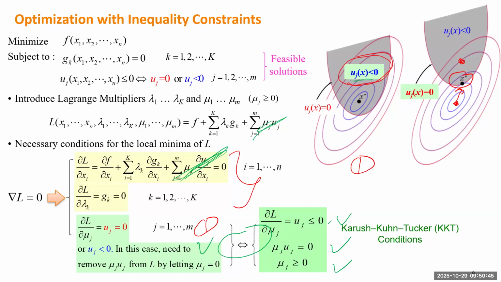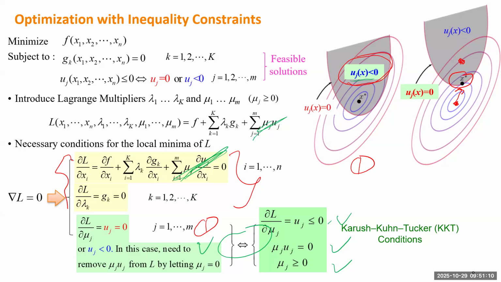So in the yellow part problem, if that stationary point is inside the shadow area, don't worry about the green part. If that point is outside of the shadow area, the boundary of the shadow area has to have a point which is the new solution. That's exactly what these KKT conditions are talking about.